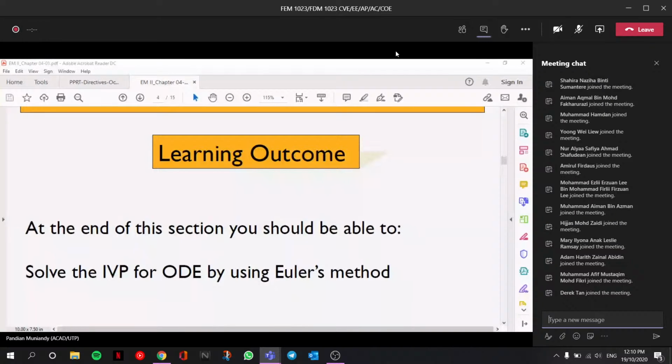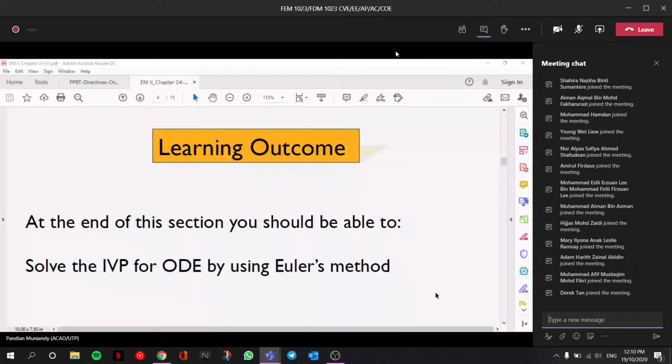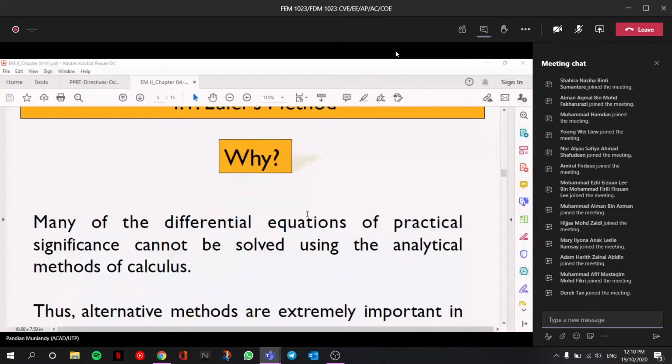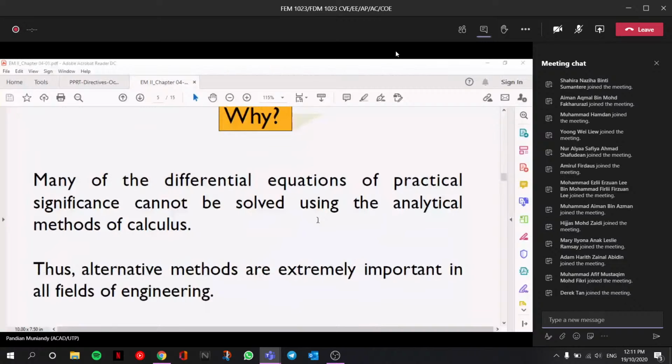So why Euler methods? Or basically why numerical methods? Many of the differential equations of practical significance cannot be solved using the analytical methods of calculus.